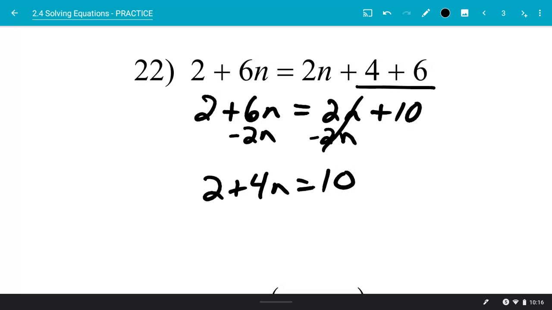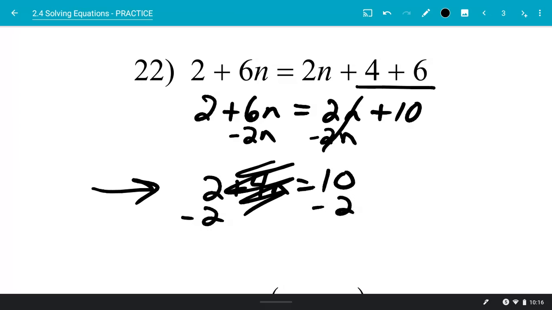Why did I move the 2n? Because it's smaller. And I always deal with the variables first. Now I have the same type of problem that we've been working with. Okay, cover up my variable. So I'm going to subtract 2 minus 2. 4n equals, sorry, that was an equal sign, equals 8.